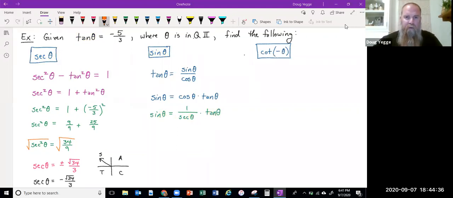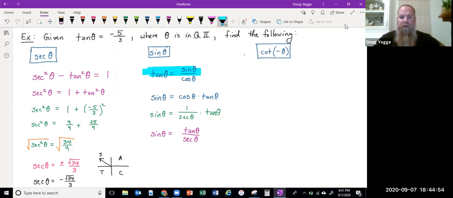Well, why don't we convert this directly into one single fraction, and then we can plug in the quantities that we need and simplify. So sine of theta must be equivalent to tan theta over secant theta. And the irony of this is, even though this was our original quotient identity, we actually have created a brand new identity that we didn't know before.